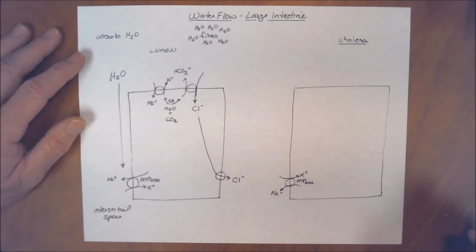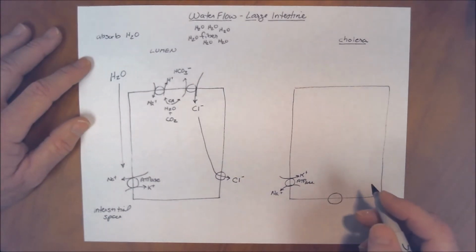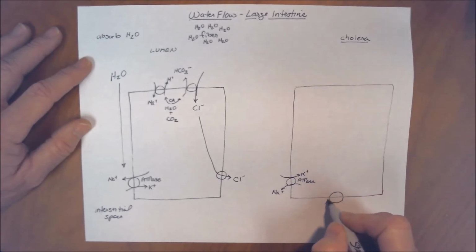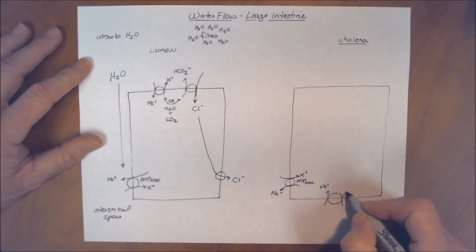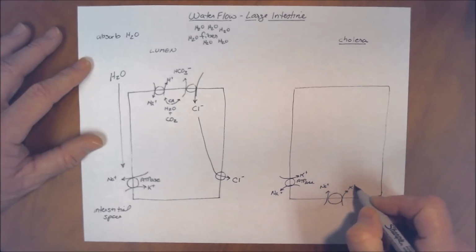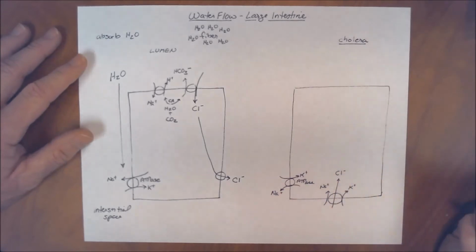But we are also going to have on the basal surface here our tripartite transporter, which is going to be transporting sodium in, potassium in, and importantly, chloride ion.